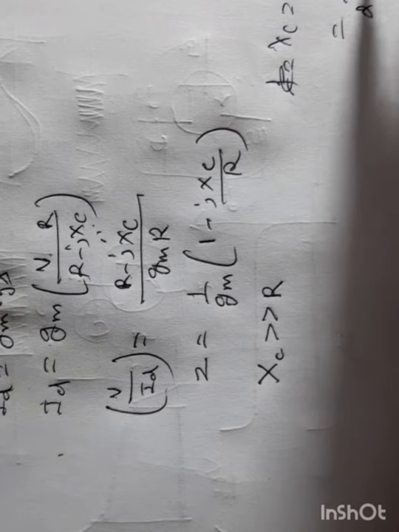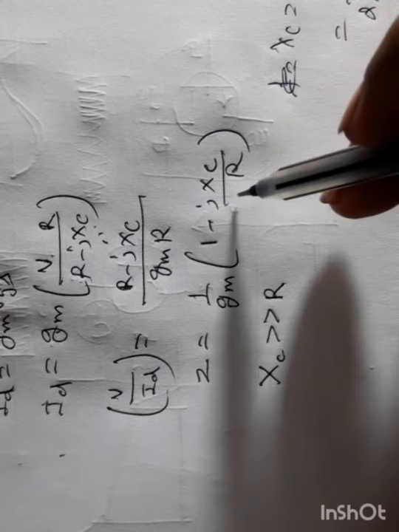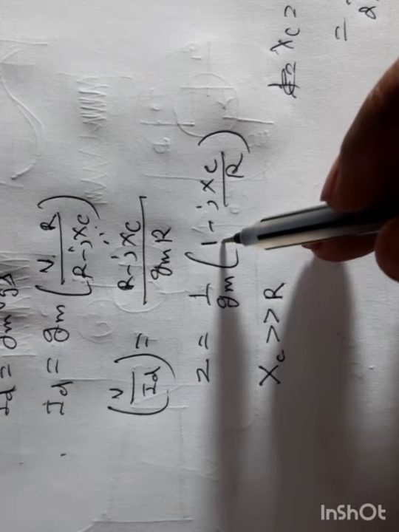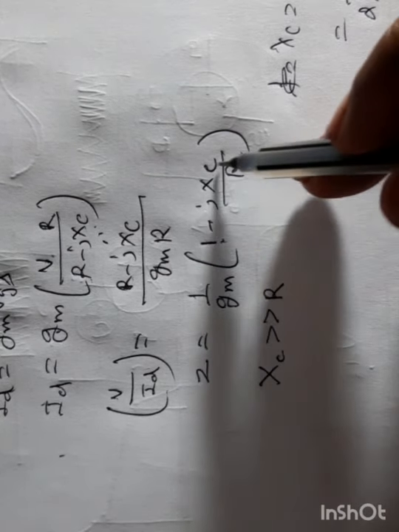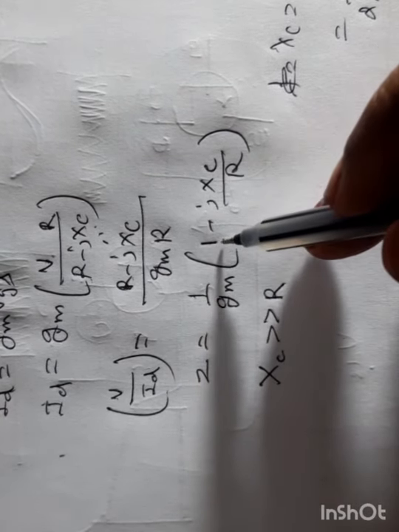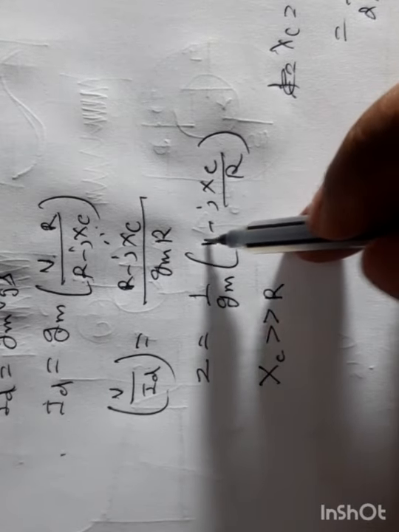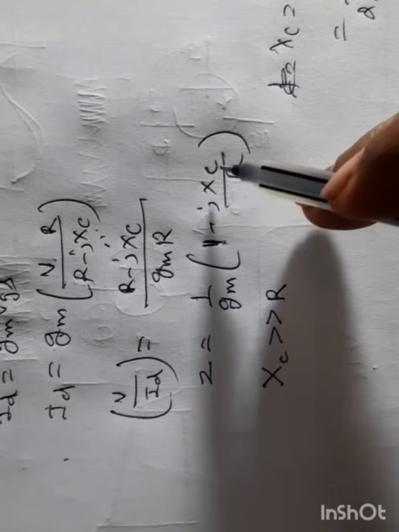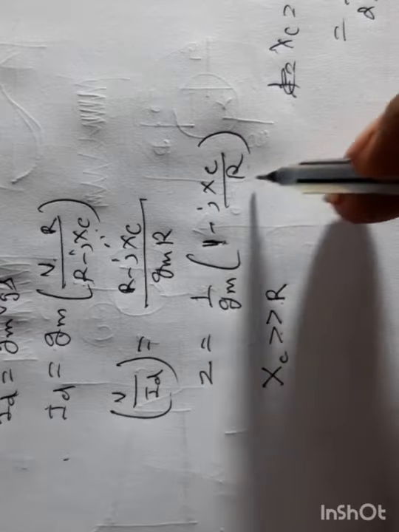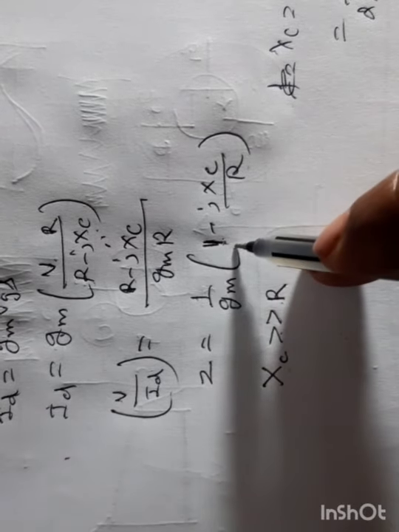Whatever the value, in terms of microfarad means 10 power minus 6. When it goes up, it becomes 10 power 6, that is, crore. Therefore, compared to this, 1 can be neglected. This is 10 power 6 times. Compared to 1 crore, 1 can be neglected. Therefore, since Xc is very much greater than R, 1 can be neglected.